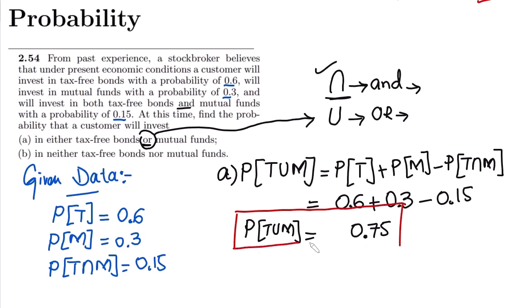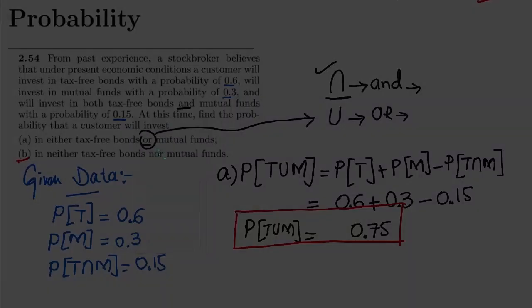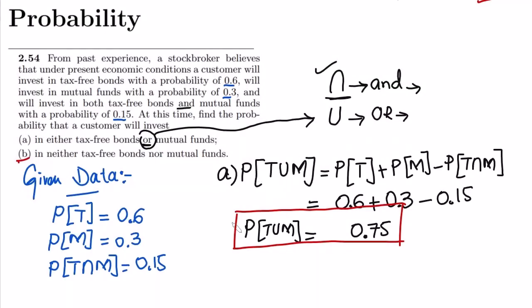Similarly, in part B, what do we have to find out? We have to find the probability that a customer will invest in neither tax-free bonds nor mutual funds. So he will not invest in both of them.